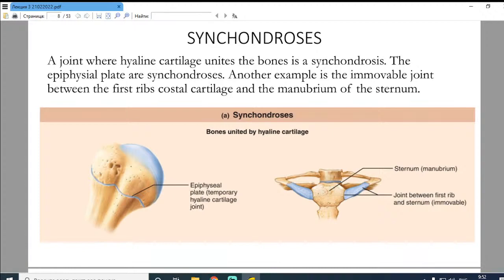This is an example of synchondrosis. This is the humerus, head of humerus.